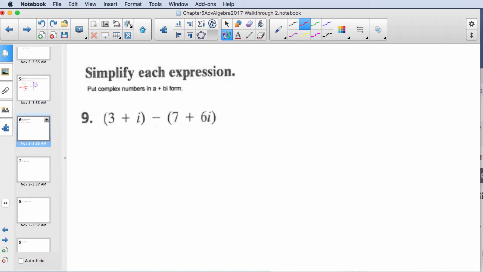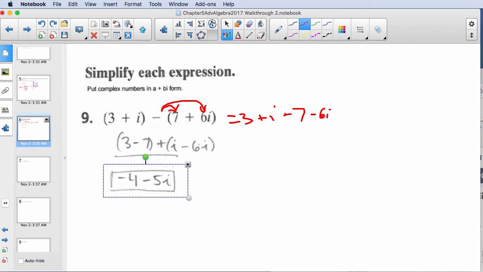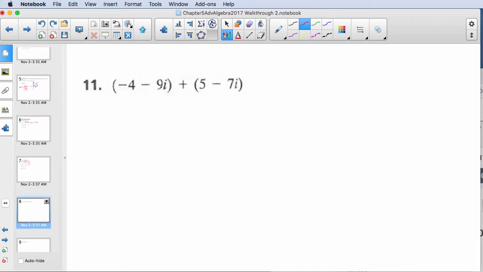So here we just have to be careful about distributing the negative sign. So we draw our little arrows, and that gives us 3 plus i minus 7, and remember we have minus 6i. Then we group the real terms together and the imaginary terms together, and we write our answer as negative 4 minus 5i.